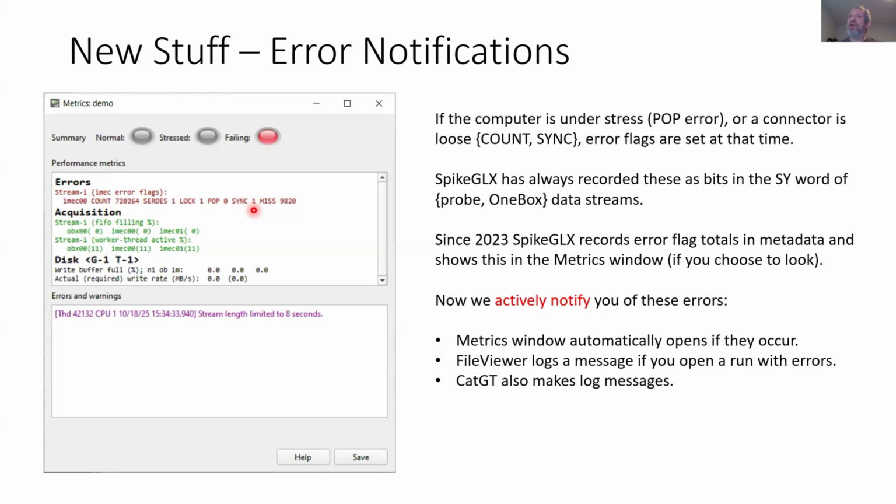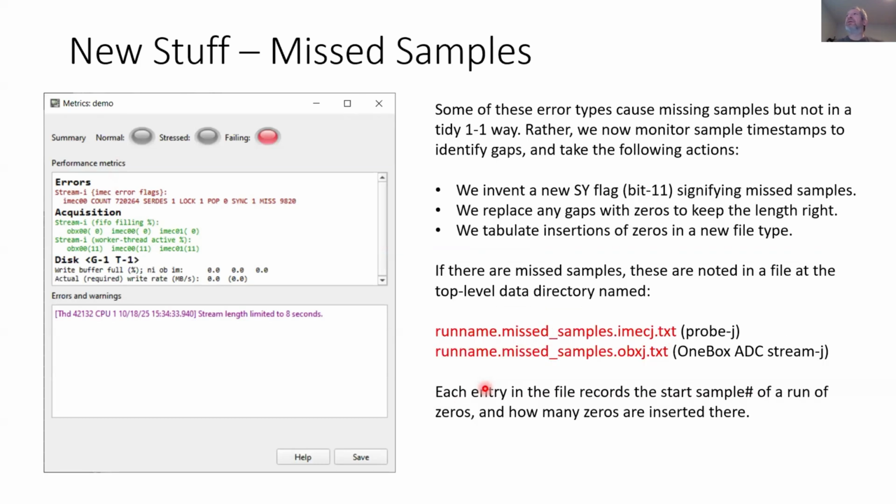If these errors are happening, then we will automatically open the metrics window, so you see this in real time that these errors are happening. You're alerted to this. Also, if you open up a run that has errors recorded in the metadata with either the offline file viewer or CatchET post processor, then it will look for these errors, and if present, it'll make entries in the log. So you're alerted to this.